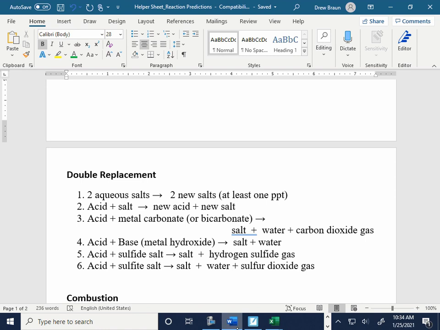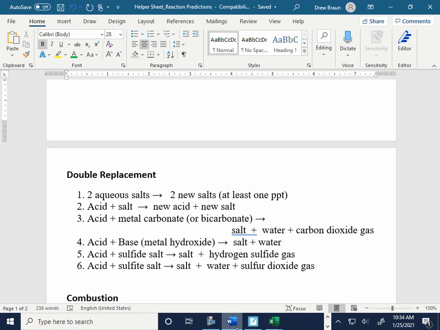So all 2 through 6 are dealing with acids. Now, the top one, number 1, 2 aqueous salts, that is the only one that's not dealing with acids.